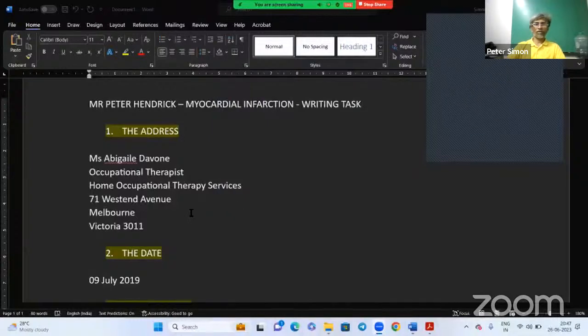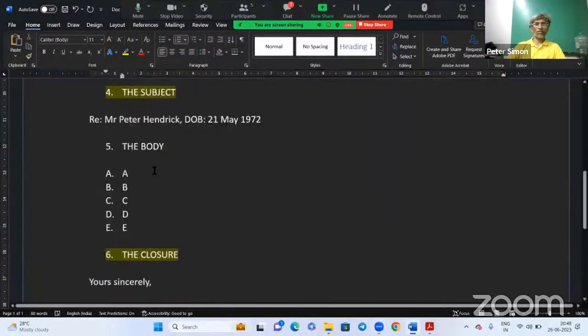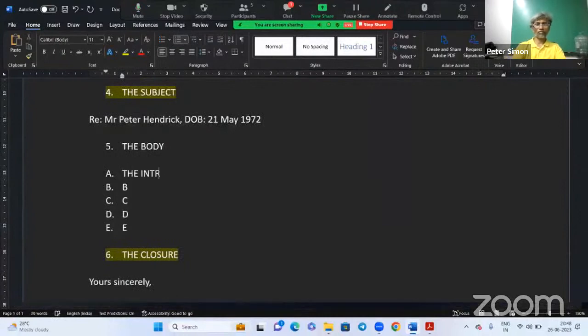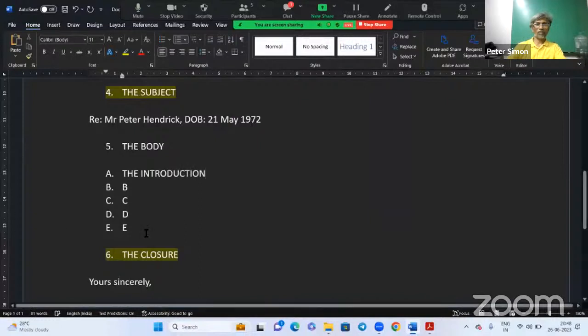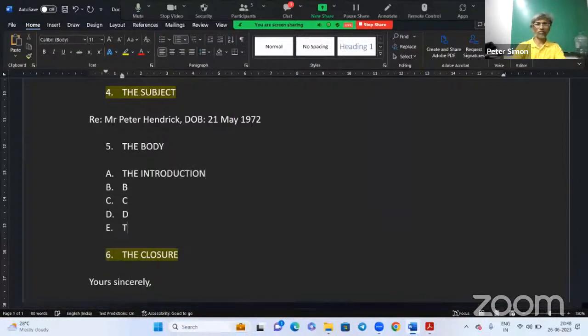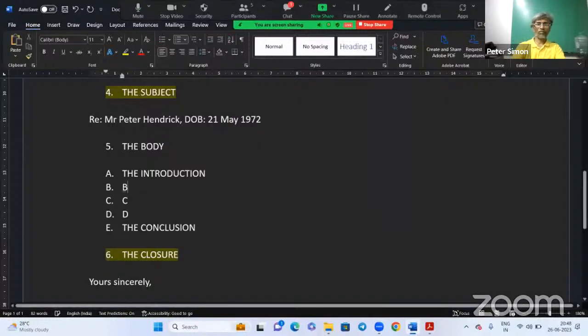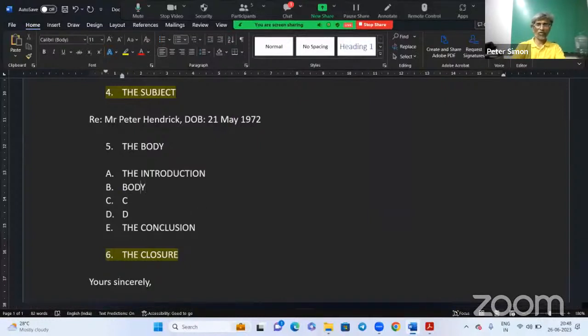So, right. The body of the letter is into 5 parts. First one is the introduction. And the last one is the conclusion. And this is body paragraph. Main body paragraph 1. And then main body paragraph 2.